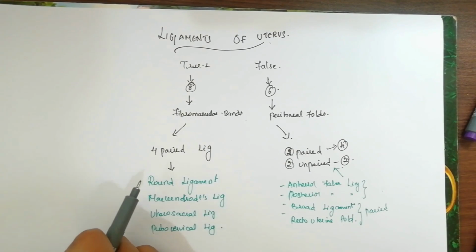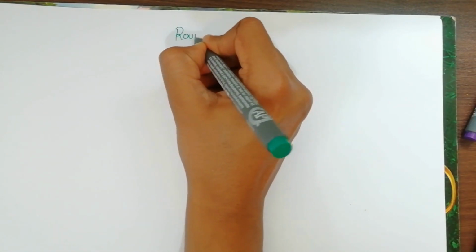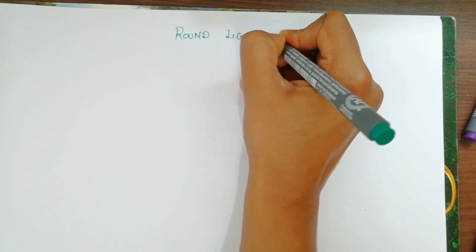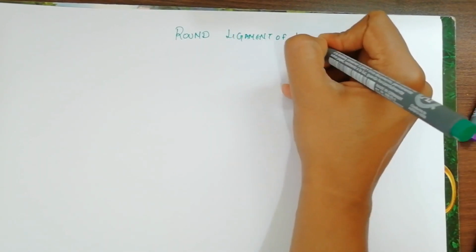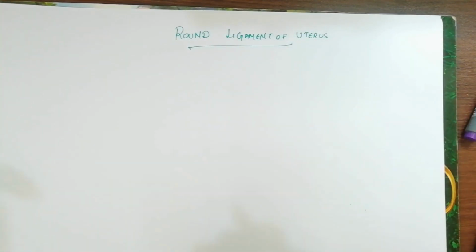First we will move on to the round ligament of the uterus. So we are going to see about the round ligament of the uterus.